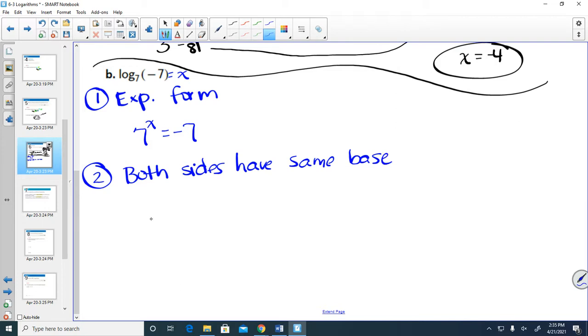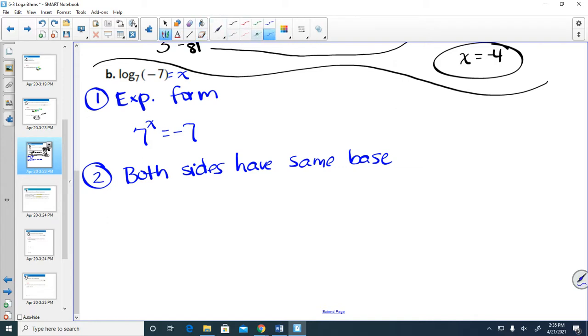All right, so I've got 7 to the x. Now, can I write negative 7 so that it has a 7? Yeah, it's already a 7. I mean, I could write so that this negative is out here, but I want to have the same base with the same exponent. That's not really happening. So then I'm trying to think, okay, is there a way I can solve this by inspection?